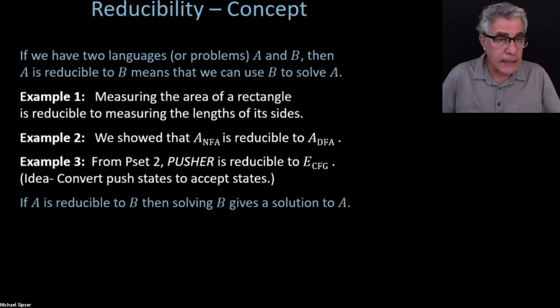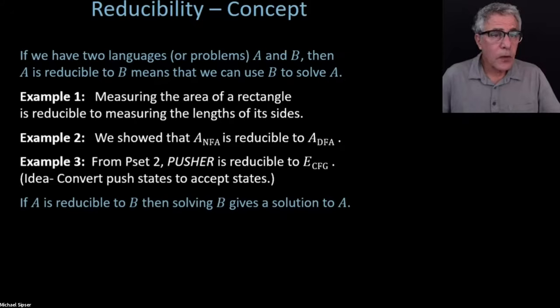So getting back to thinking about reducibility. What I have in mind, again, this is sort of rephrasing it, but I'm trying to hammer it in, is that if A is reducible to B, then solving B gives a solution to A. That's what happens in each of these examples. Now how are we going to use that? We're going to use that in the following two ways.